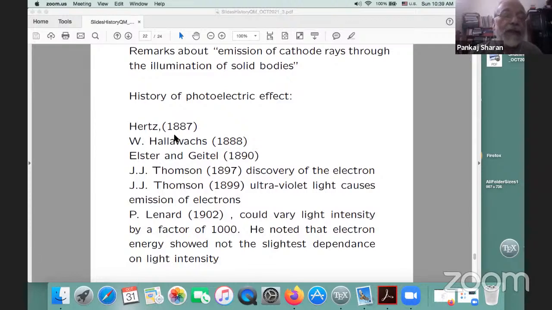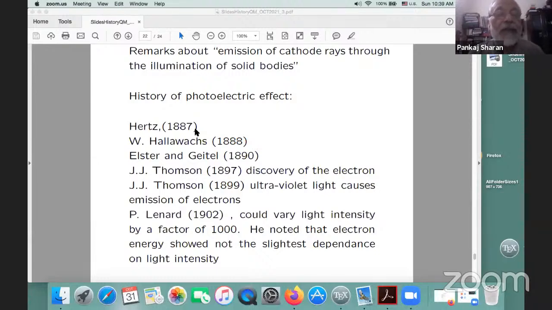Hertz had discovered the photoelectric effect in 1887, while doing experiments trying to show how electromagnetic waves travel from one place to another. Hertz, as you know, was the one person who demonstrated the existence of electromagnetic waves in the laboratory, and that's his importance.